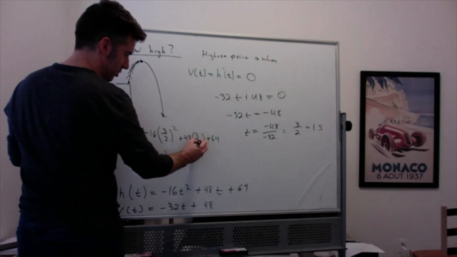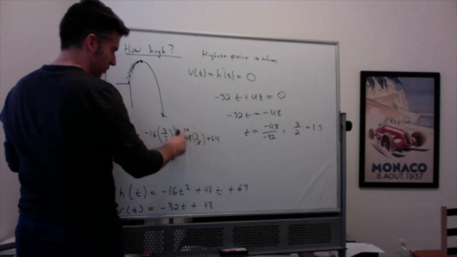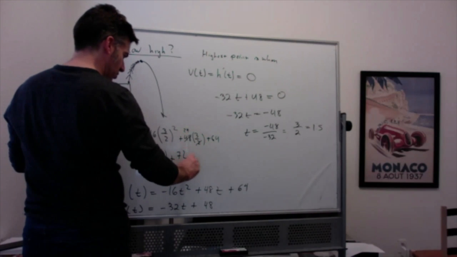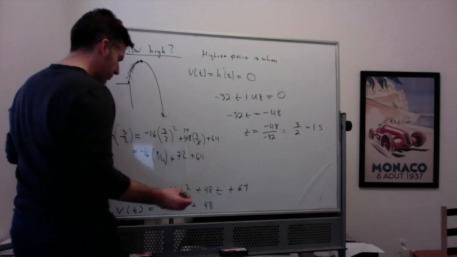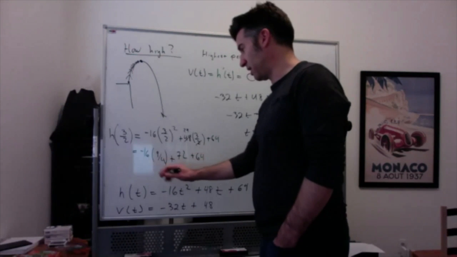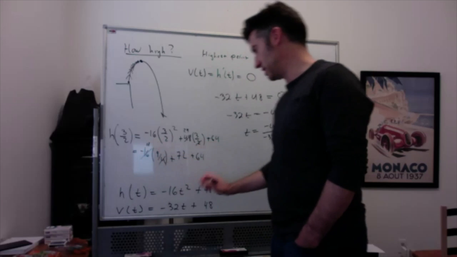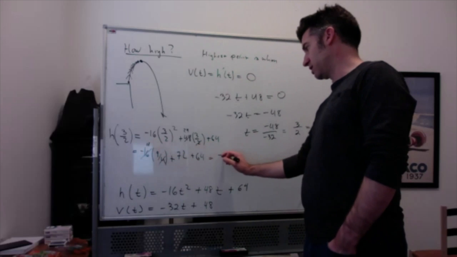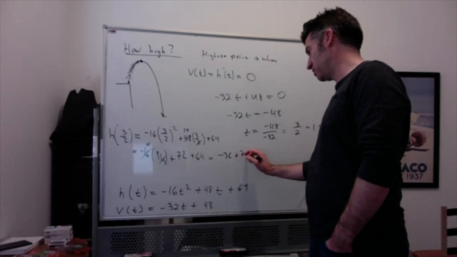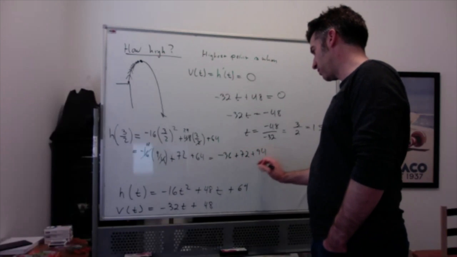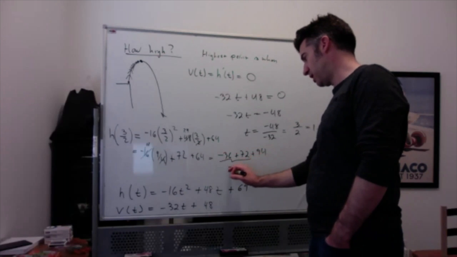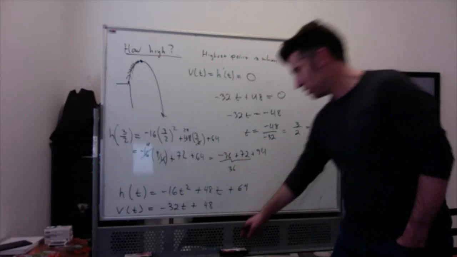I can cancel a 2 here and a 2 here, and 24 times 3 is 72, plus 64. Negative 16 times 9/4, I can cancel a 4 here and a 4 here, and negative 4 times 9 is negative 36. So I get negative 36 plus 72 plus 64. Oh, 94, 64.